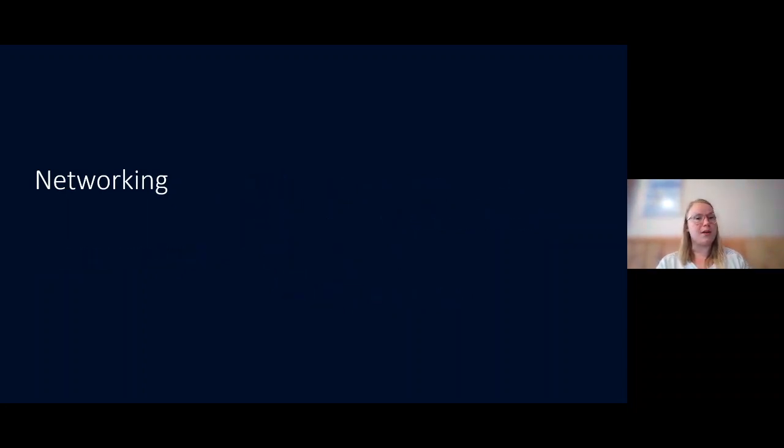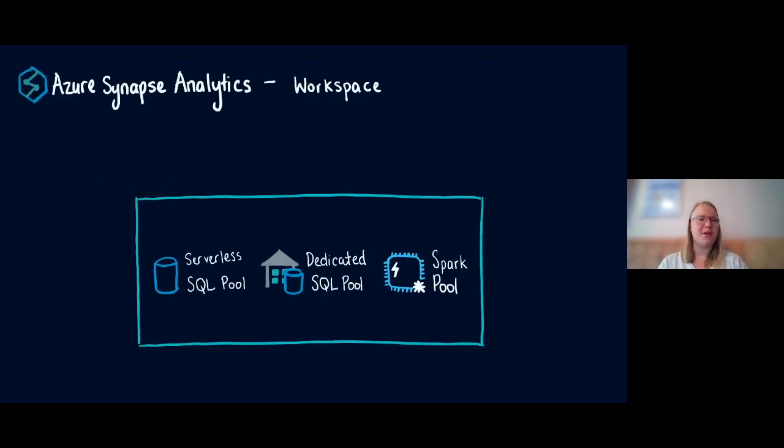Let's start with networking. I'm going to simplify the picture a little bit here. We're talking about our Azure Synapse Analytics workspace. As with most platform as a service services within Azure, we start off with a public endpoint for our service. When we have that public endpoint, we do have some control over what kind of traffic gets in. It's not that you need to allow all traffic to come in just because you have a public endpoint; we have a firewall that we can use.